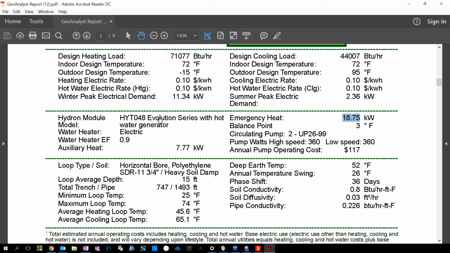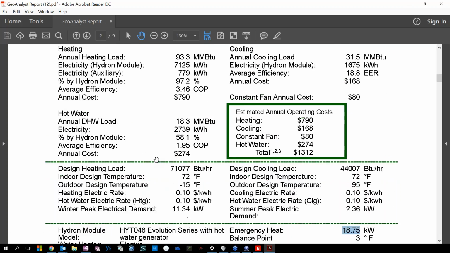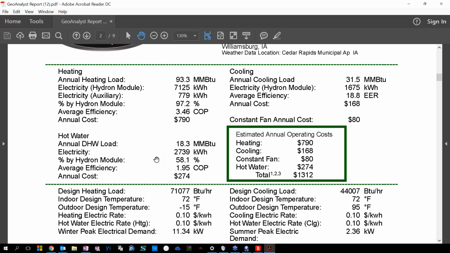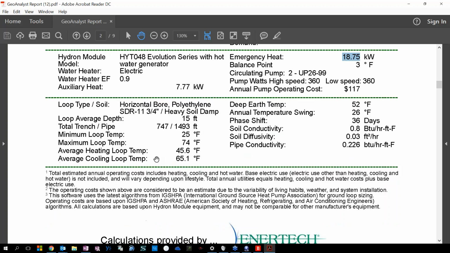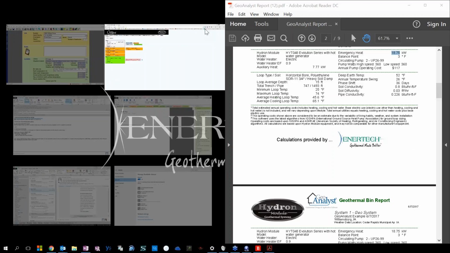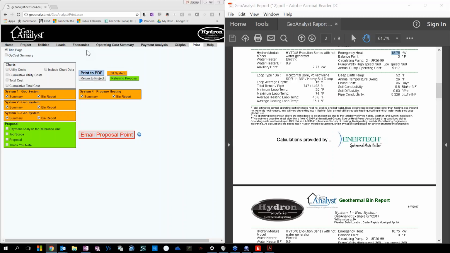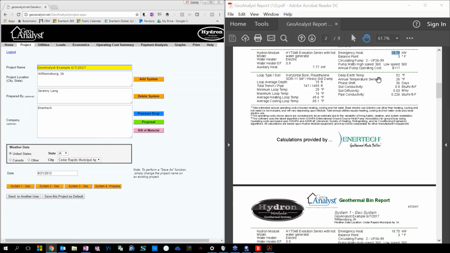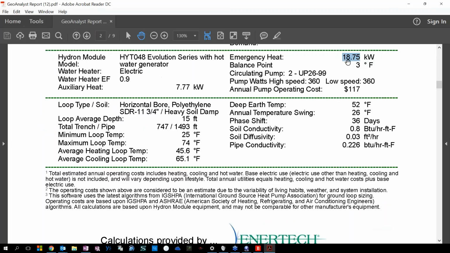Let me make a point real quick. Go back to, let's say, the project page. I want to show you something real quick. I was in a class and the guy was pushing to size a job like this. You see the emergency heat requirement is 18.75 kilowatts.